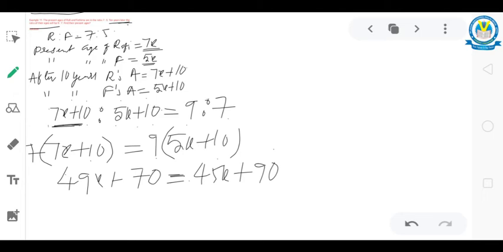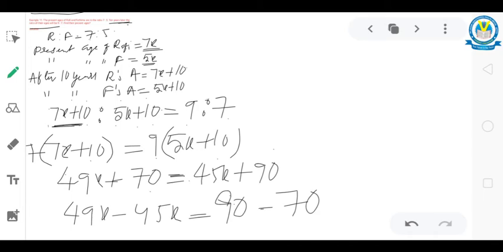Here 45x is a positive integer. After moving this side, 49x minus 45x, because it is positive, after moving it is converted into a negative integer. The 70 is a positive integer; after moving this, the 70 will be a negative integer.